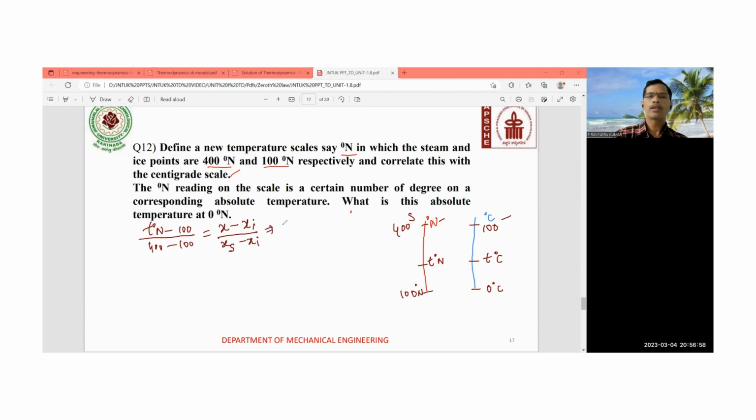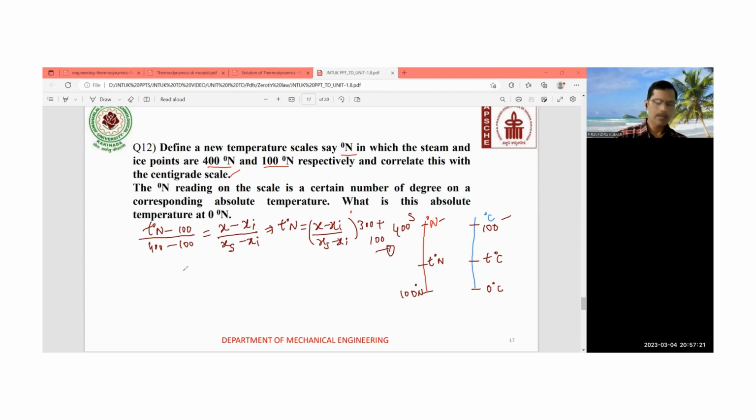So with this relation, you will get T degree N as X minus Xi divided by Xs minus Xi, into 300, plus 100. So this is equation 1.